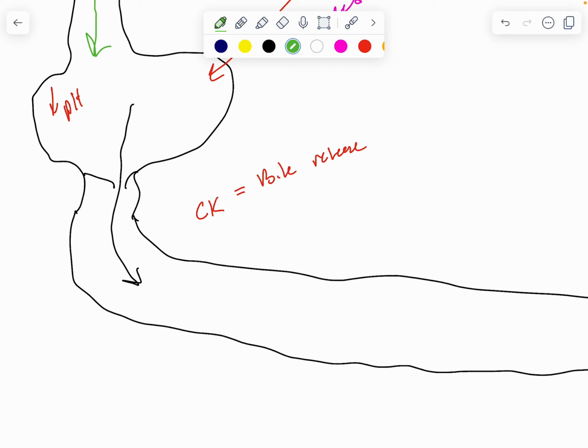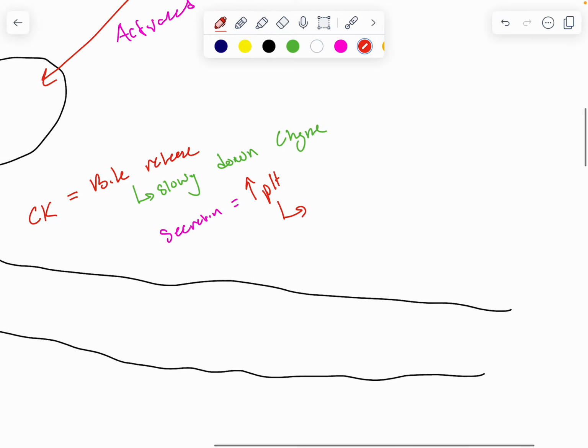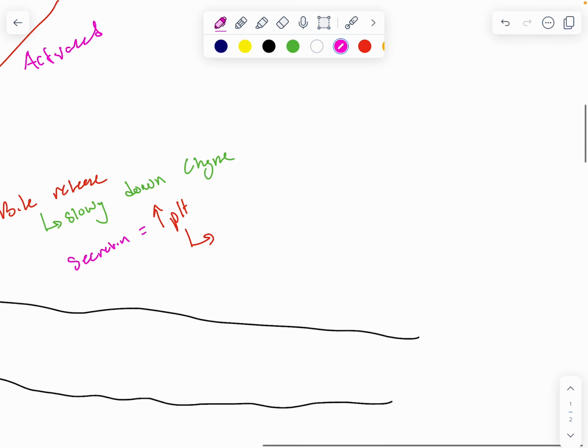And what all that is doing is slowing down the chyme. And then we're also going to get the release of secretin, which is raising the pH, and it's helping activate pancreatic lipases.